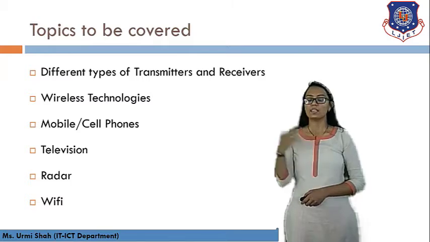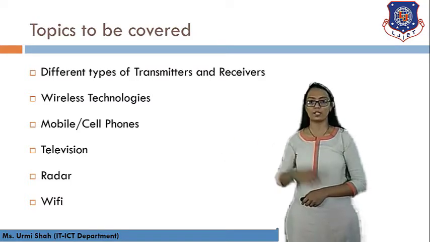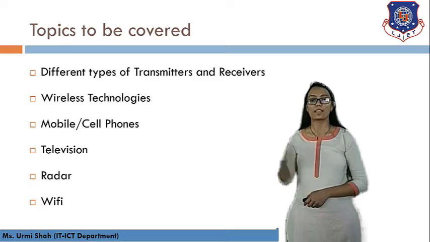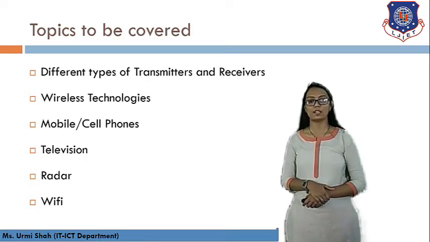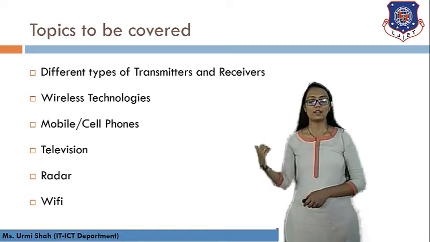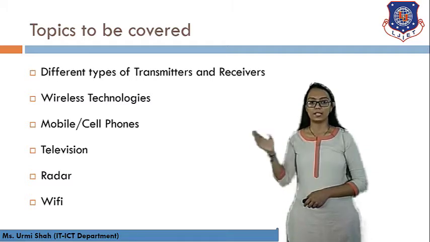Basically in this session we are going to cover the following topics: different types of transmitters and receivers. Then we will be looking at the wireless technologies involved in our radio communication field. Then we will be seeing the mobile cell phone, which is an application of radio communication.